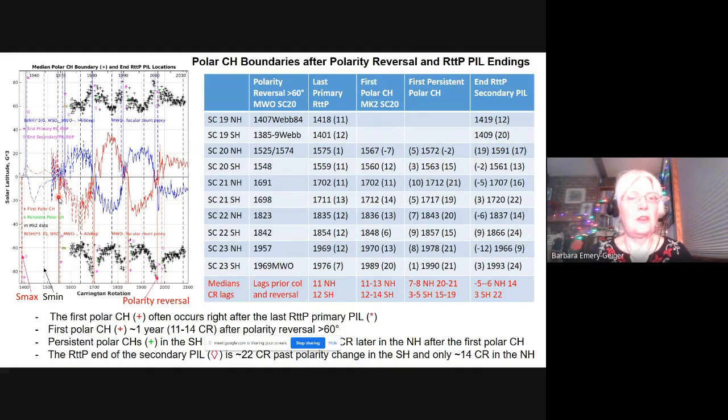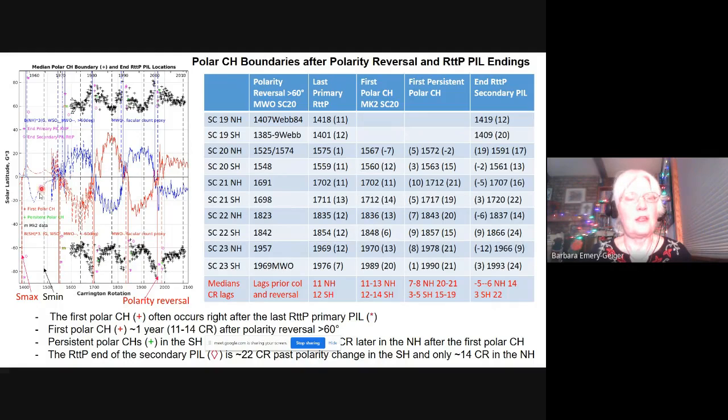And the solid line, red and blue, is the changeover in polarity from over 60 degrees, using, in this case, where it looks kind of ratty, Mount Wilson Observatory, and in the smoother case Wilcox Solar Observatory. So the red is the southern hemisphere and the blue is the northern.